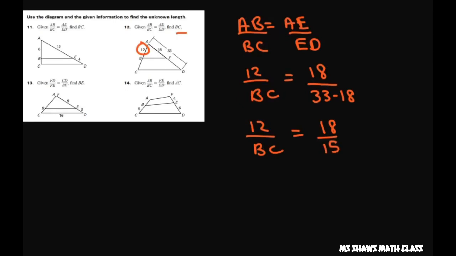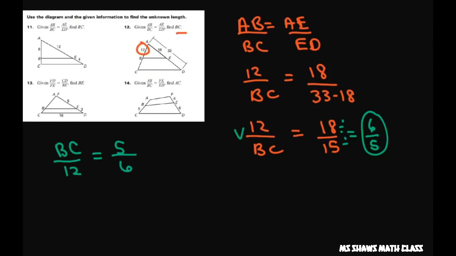Now I can use my reciprocal proportions and rewrite this as BC divided by 12 equals, and let's just reduce this by 3. If I divide each part by 3, I'm going to get 6 over 5. Now I'm going to reciprocate that because I reciprocated this one, so that's 5 over 6.